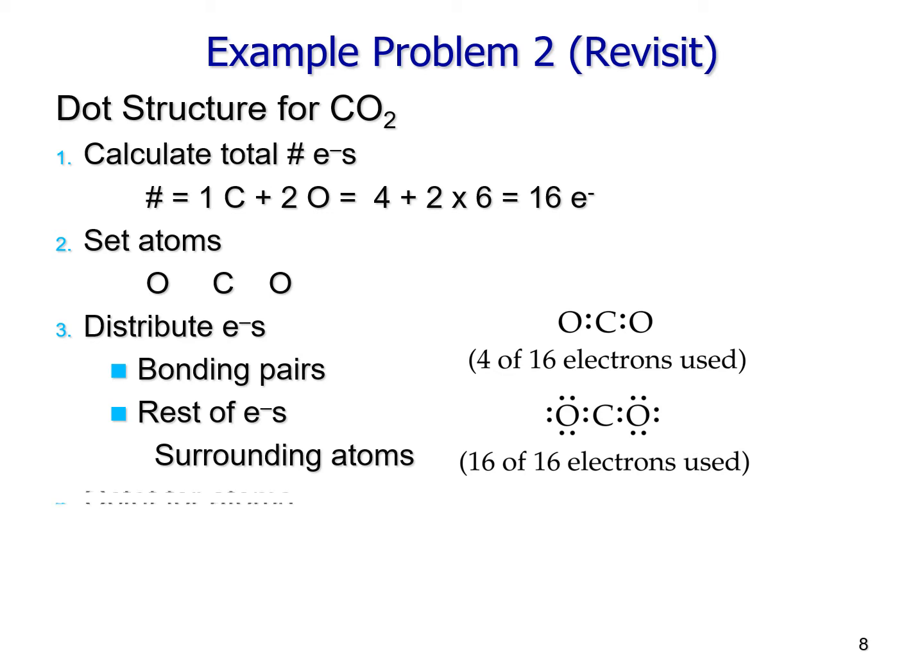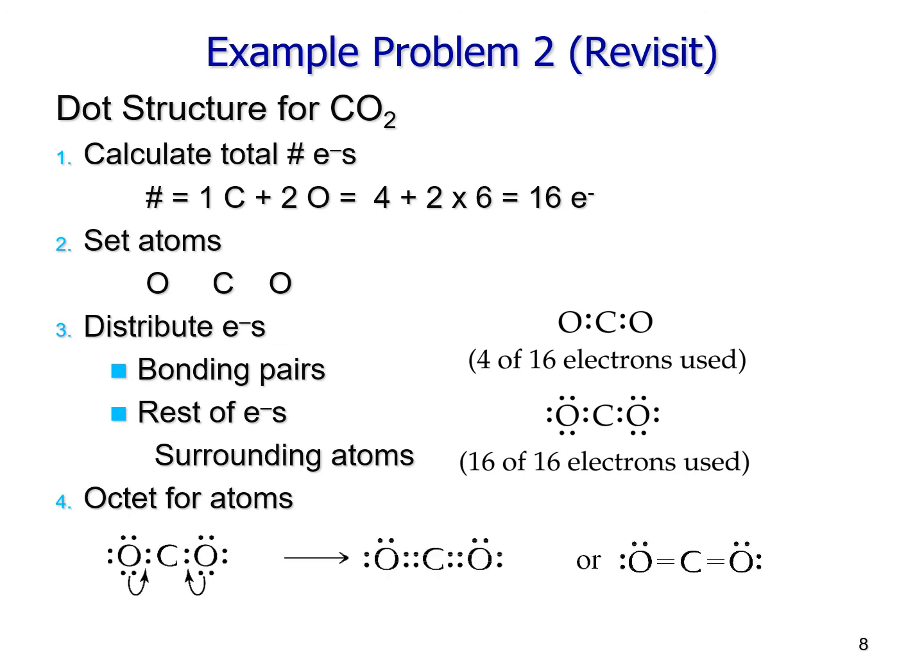This way, carbon is going to ask for one lone pair from each oxygen to go into the bonding position, so that carbon can have a double bond with each oxygen. In this way, we realize carbon has an octet by sharing 8 electrons.